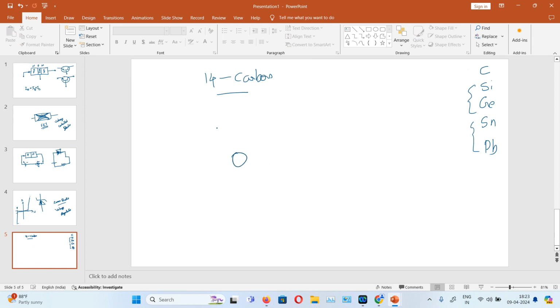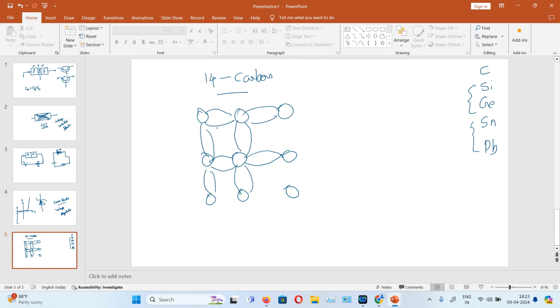These atoms will arrange in such a way that each atom will share 4 electrons with the nearby atoms, so the octet configuration will be obtained.